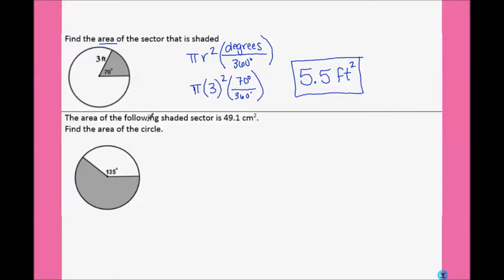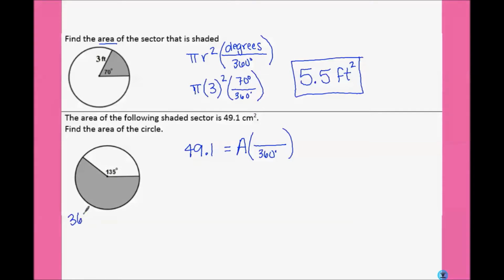The area of the following shaded sector is 49.1. So they're giving us the answer this time. We're going to have to work backwards. Find the area of the circle. So we know that 49.1 is equal to the area times the degrees over 360. Now it gave us the area of the shaded sector, so we need to know the degrees for the shaded sector.